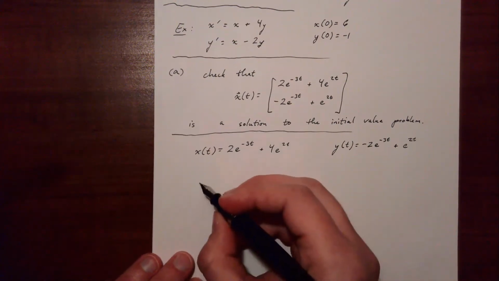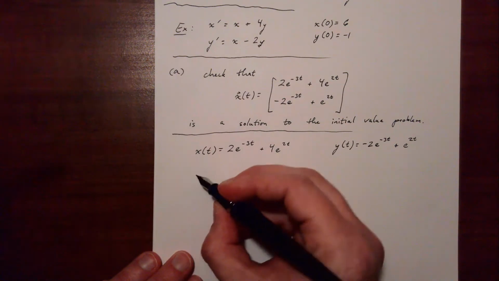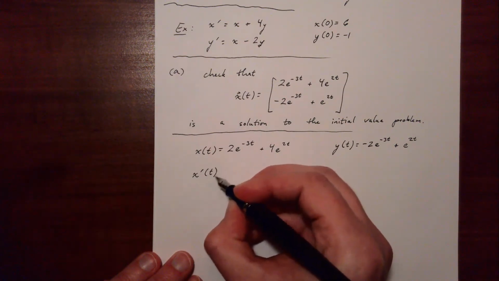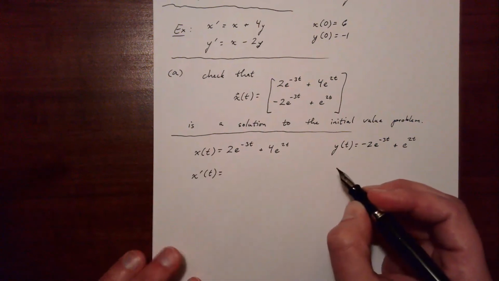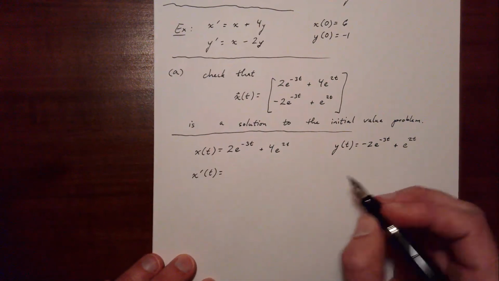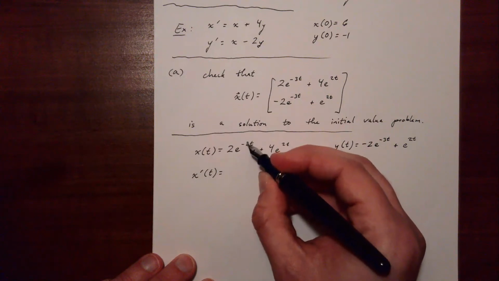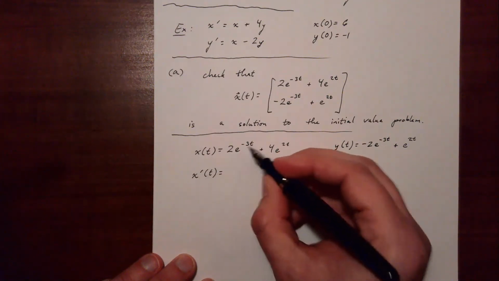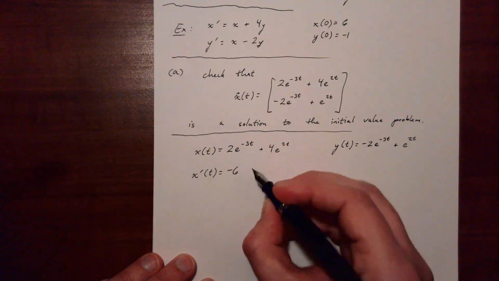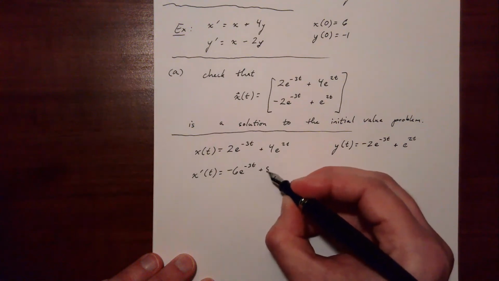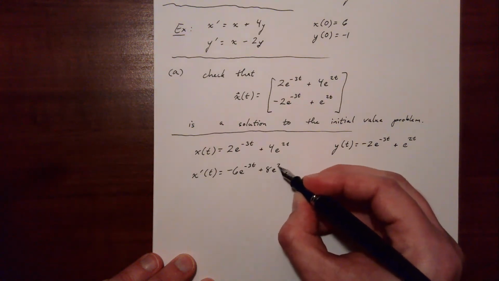So to check if it fits the differential equations, let's just calculate what the derivatives would be. So these are all in terms of t right now, so that's going to be something we're going to have to deal with, but we can. So first off, when we take the derivative here, we're going to get negative 6, this is just the chain rule speaking, e to the negative 3t plus 8 e to the 2t.